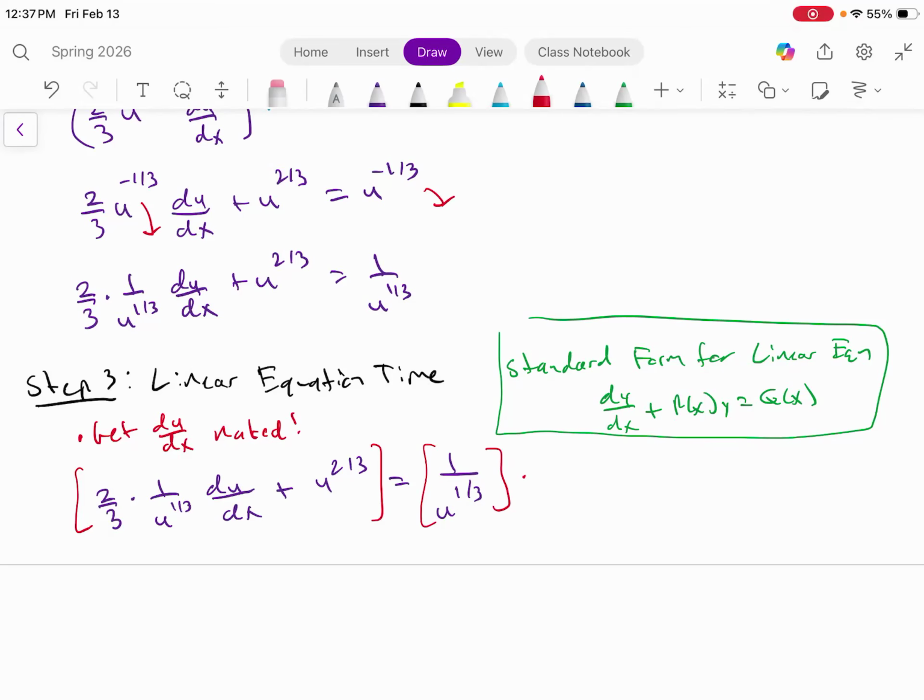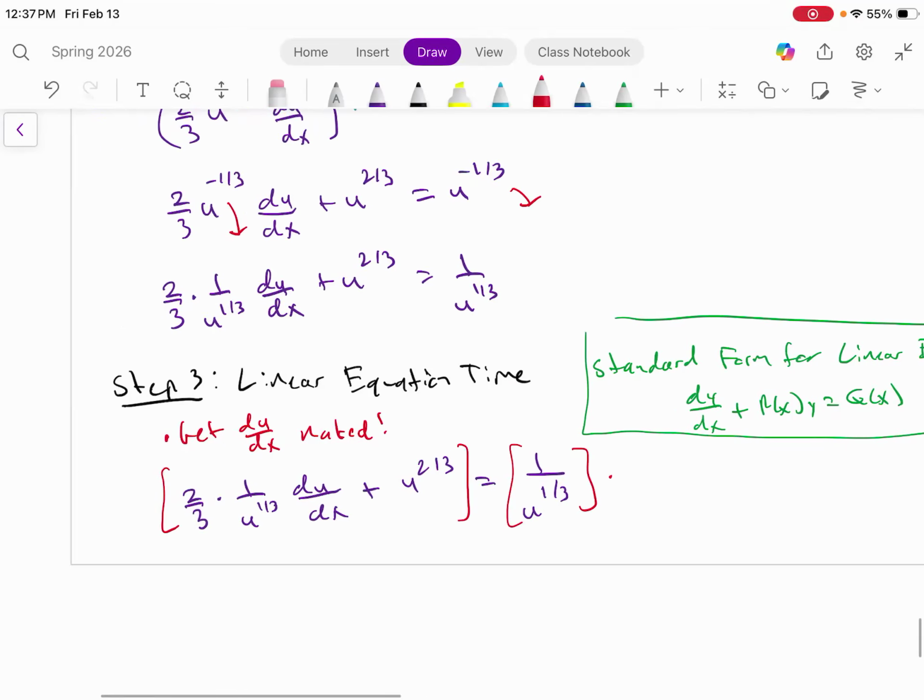What we would multiply this by is 3/2 u to the 1/3, and the same thing on the right-hand side, 3/2 u to the 1/3. The threes cancel out, the 3/2 and 2/3, and the 1/3 and 1/3. And that even works out well on the right-hand side as well.